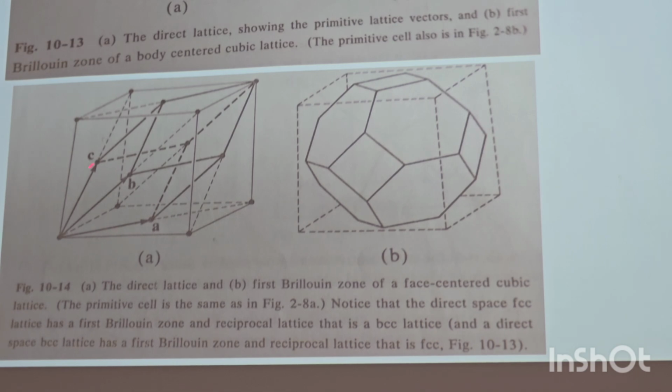Likewise, for a face-centered cubic, if you were to draw the primitive rhombohedral cell that is formed inside this face-centered cubic lattice, and then you take the Fourier transform, you get a body-centered reciprocal space. Now, for that body-centered reciprocal space, if you were to draw the first Brillouin zone, it will have this complicated shape. It's bounded by these polygons. There are hexagons, there are squares. Okay, so this is the first Brillouin zone.